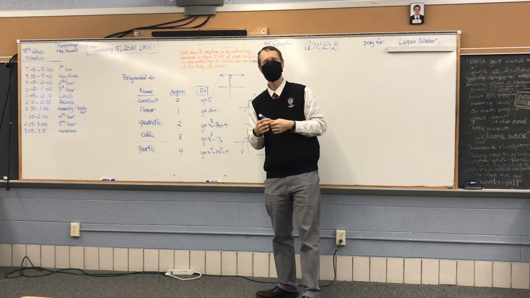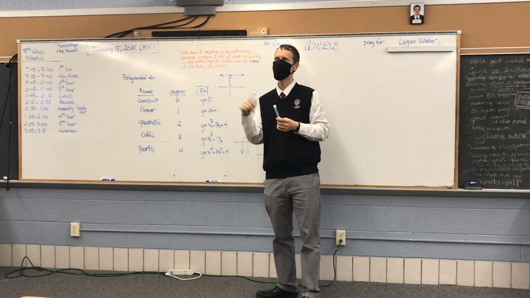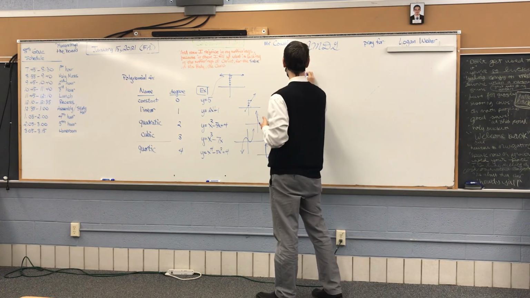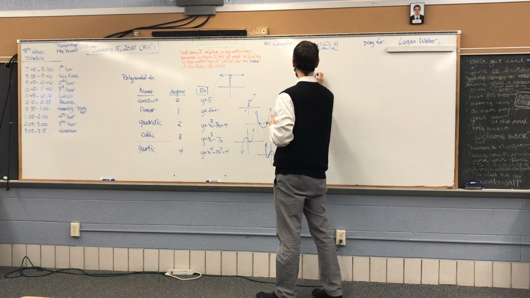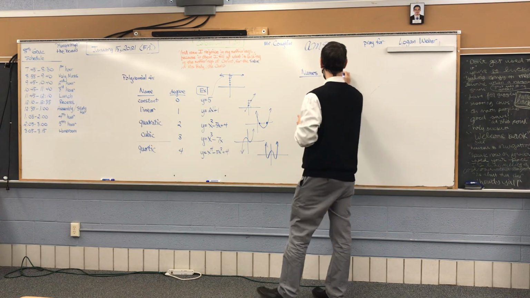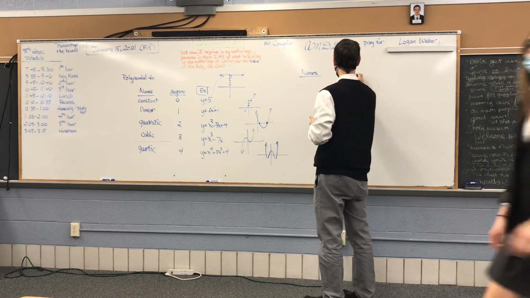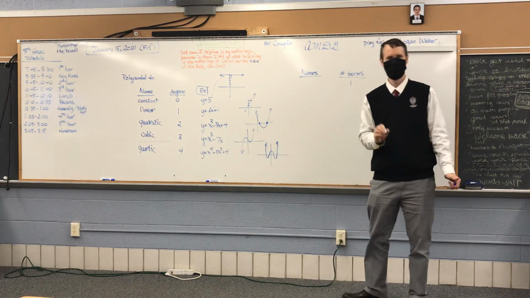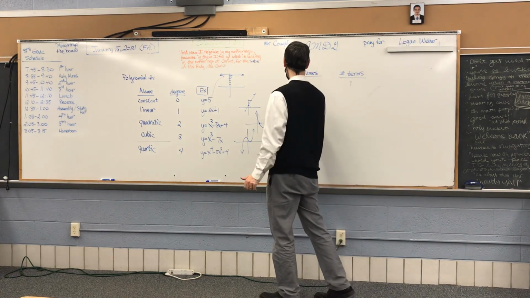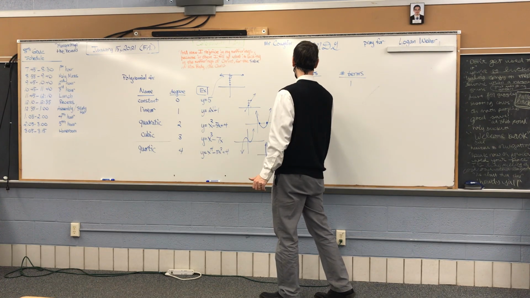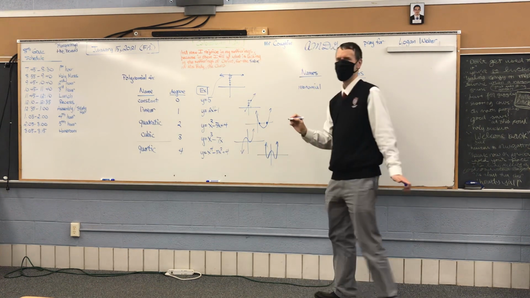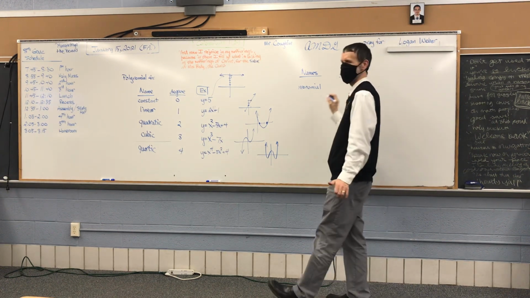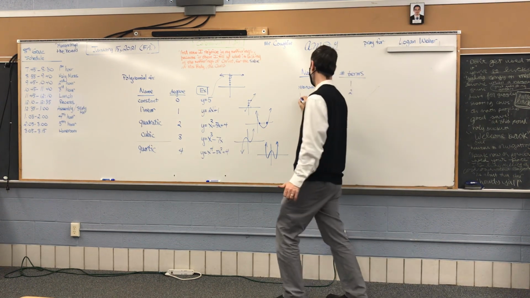Now, not tomorrow, or even Monday, Tuesday, since there's no class on Monday, we're going to talk about names. We already did this sort of, but the number of terms. Does anybody remember? What if you have one term? Monomial. Two terms, binomial.